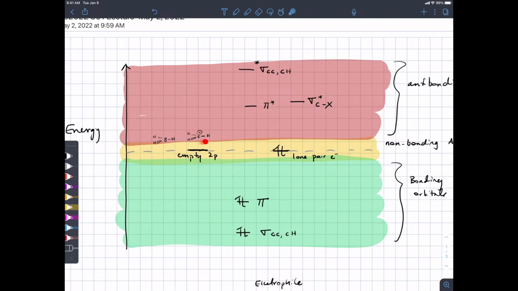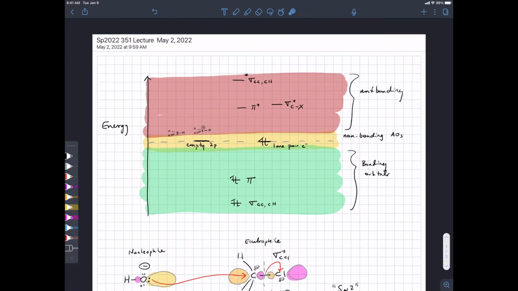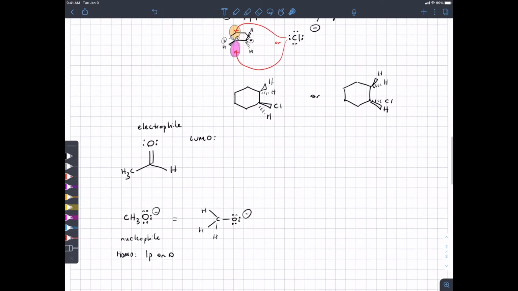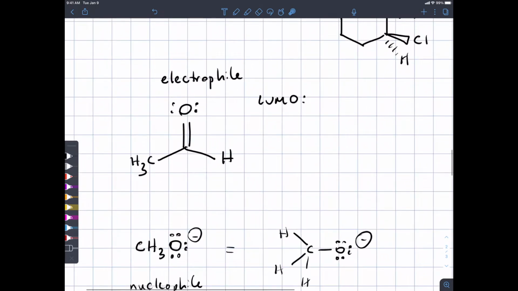We don't have boron and we don't have a positively charged carbon, so we got nothing there. We start looking among the antibonding orbitals. We don't have a carbon halide sigma star. We do have a carbon-oxygen pi bond. And for reasons we will discuss later, carbon-oxygen pi stars are lower in energy than carbon-carbon pi stars. Won't matter right now for this discussion, but the electrophile is the carbon-oxygen pi star.